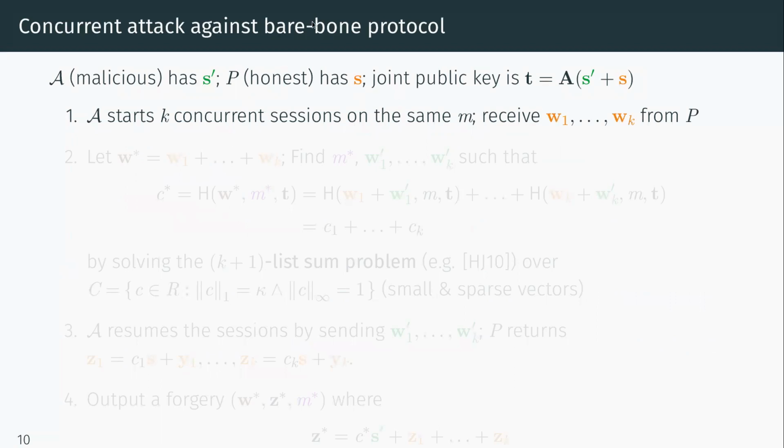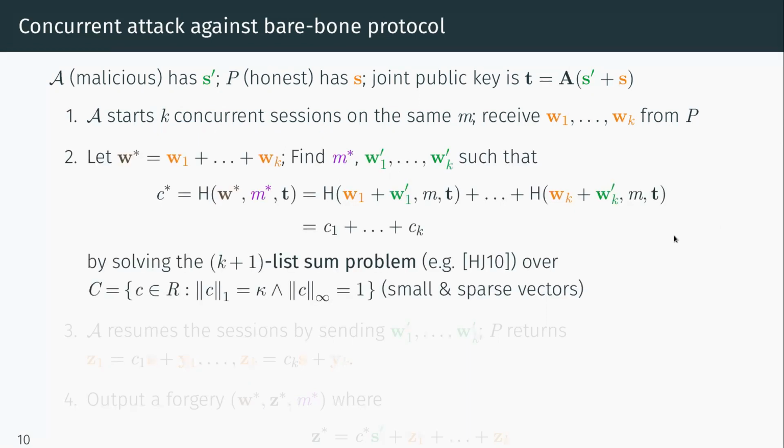Against this bare-bone protocol, we assume that the malicious party has a share of S, and the public key is again the sum of AS prime plus AS. First, the adversary starts K concurrent sessions on the same message, and then receives W values from the honest party.